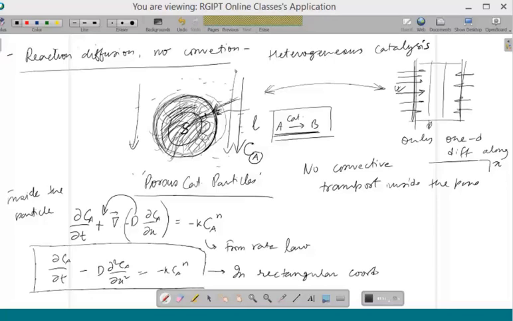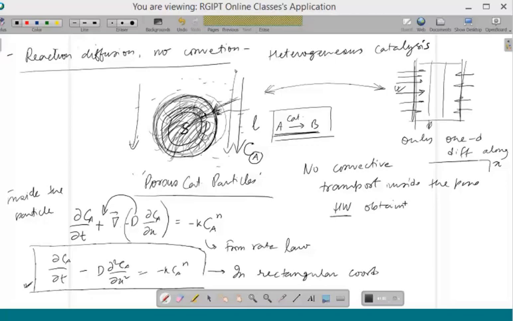If you take a spherical shell like this, rate of accumulation will be equal to rate in minus rate out plus rate of generation. If you do that balance inside this shell, you'll recover the equation applicable to spherical catalyst particles. We will see that equation, but at the moment I'm just going to write it in the rectangular coordinate system. I'll give it as homework.